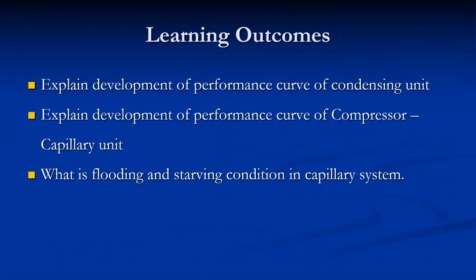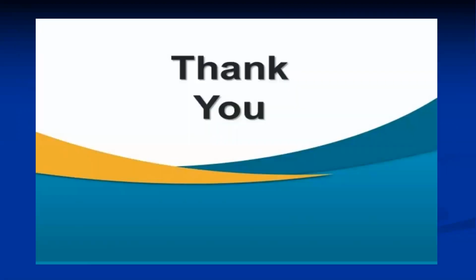At the end of this topic, you should be able to explain how the performance curves of the condensing unit and of the compressor capillary tube are developed by superimposing the characteristics of individual components. You should also be able to explain what is meant by flooding and starving conditions in the capillary tube. With this, we have completed this unit number 3.